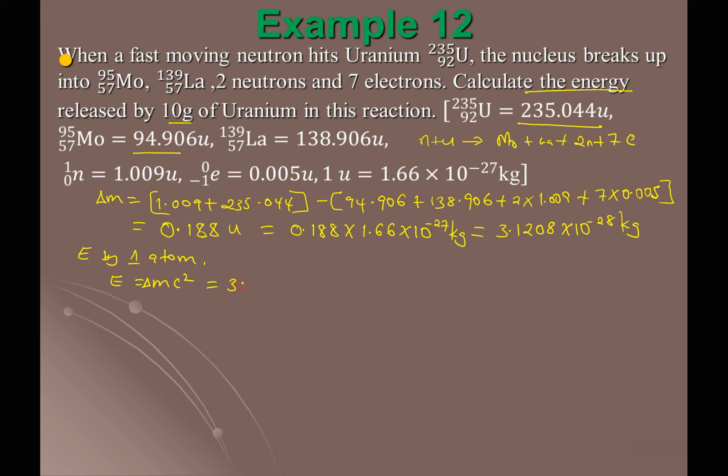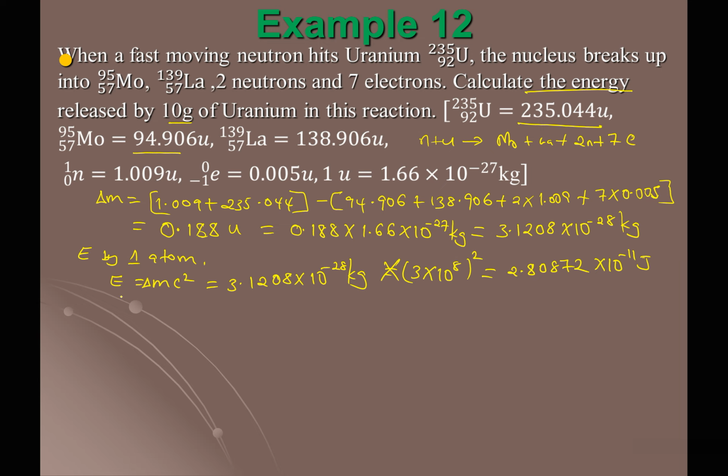When I substitute, this is 3.1208 times 10 to the power of minus 28 kilograms, multiplied by 3 times 10 to the power of 8, squared, which has given me 2.80872 times 10 to the power of minus 11 joules. So that is the energy released by one atom.